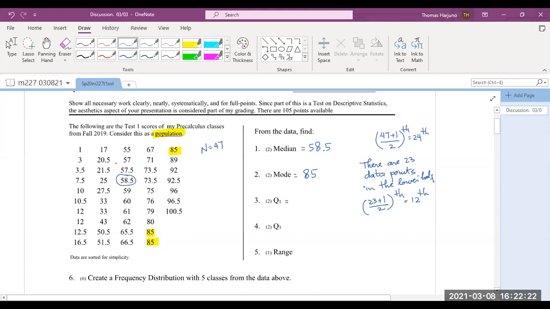So data number 12 is 20.5. And data number 12 from above, let's see, 1, 2, 3, 4, 5, 6, 7, 8, 9, 10, 11, 12. So 76 is the third quartile. Okay, and the range will be the largest number minus the smallest number, that's 99.5.